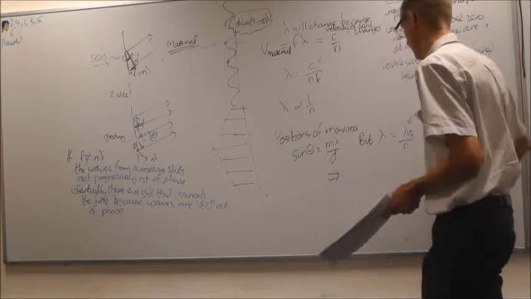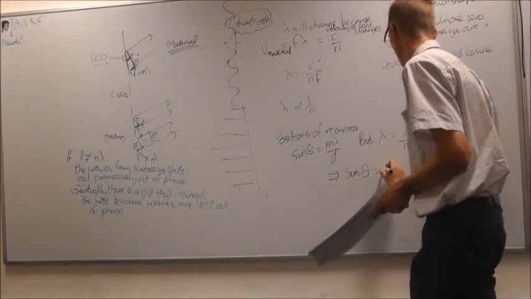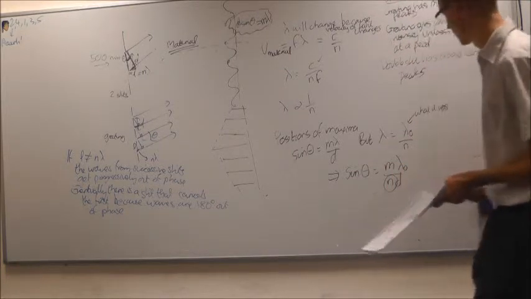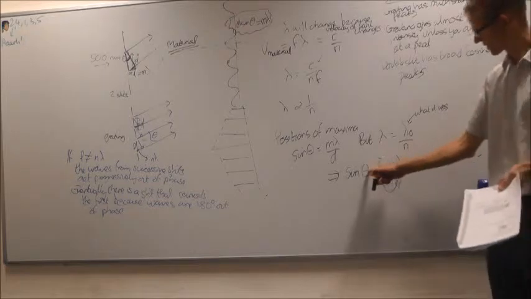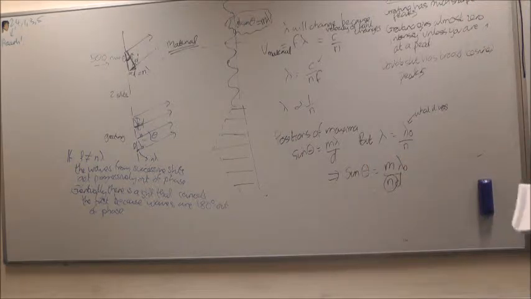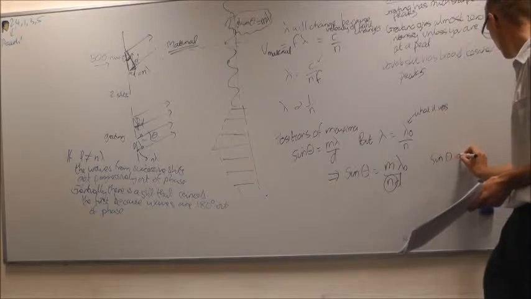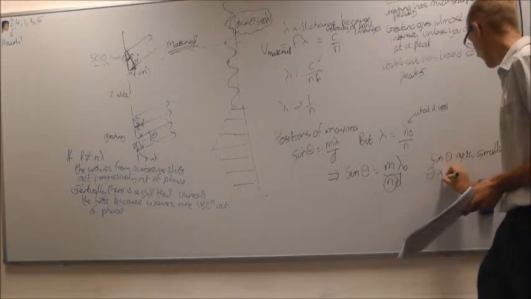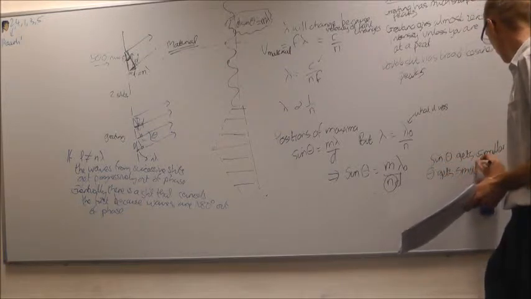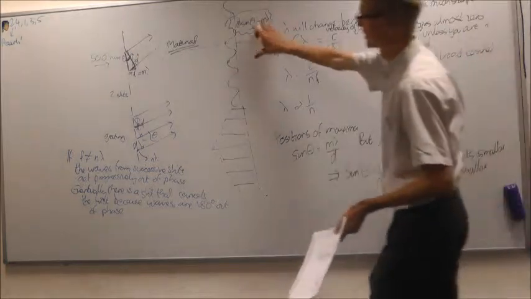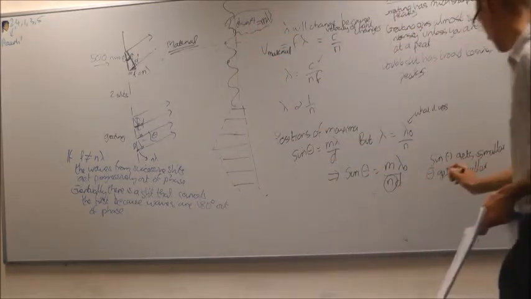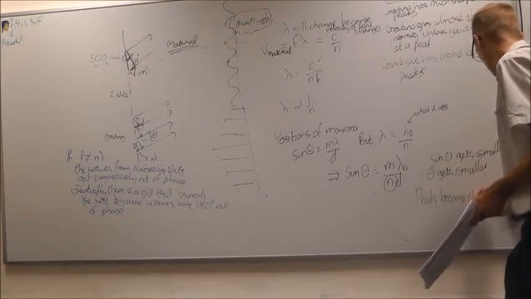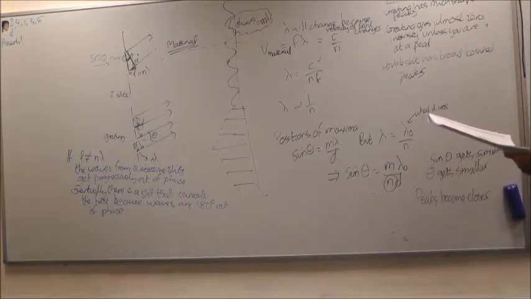So sine theta equals m lambda 0 over n d. So what's going to happen is that your theta, your sine theta, is going to get smaller. Or your theta gets smaller. So your peaks are going to get closer together. Peaks become closer. That's what's going to happen.